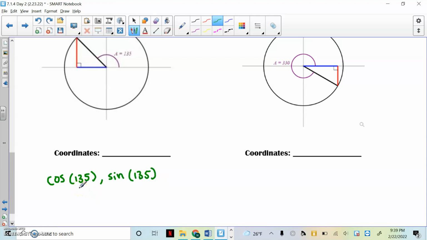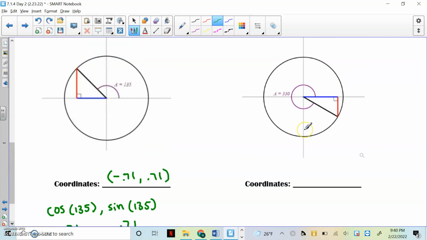In your calculator, cosine of 135 gives us negative 0.71, and sine of 135 gives 0.71. So our coordinates are negative 0.71 and 0.71. Just be sure not to mix up the cosine and sine. It's very important that cosine, you remember, is x and sine is y.